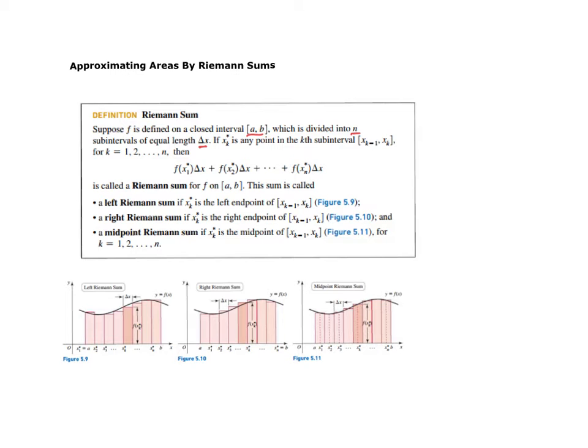We pick any point in the subinterval, and then we build these rectangles and we add them up. There's a couple of Riemann sums that are special, so to speak, and that is a left, right, or midpoint Riemann sum, and there are some great little illustrations here. So let's take a look.